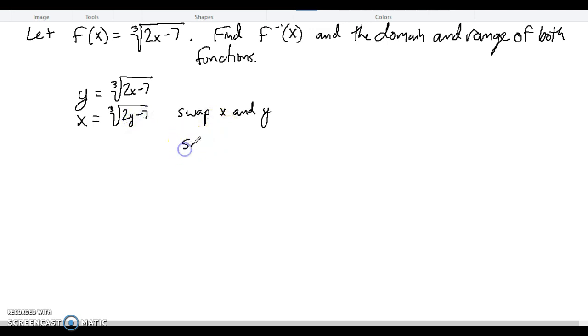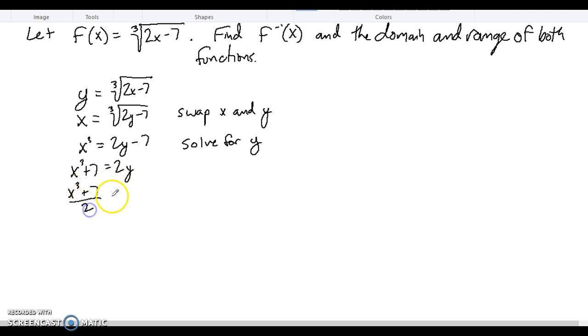And now we want to solve for y. Well, we'll start by cubing both sides, so I get x cubed is equal to 2y minus 7. I add 7, so we get x cubed plus 7 equals 2y. And we'll divide by 2, so we've got x cubed plus 7 over 2 is equal to y.